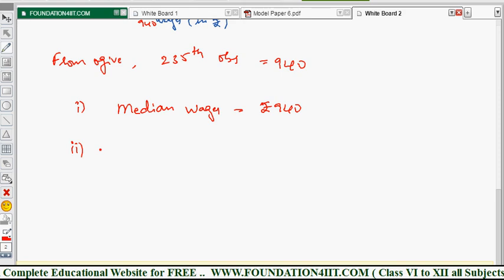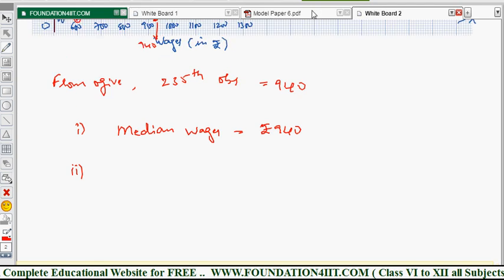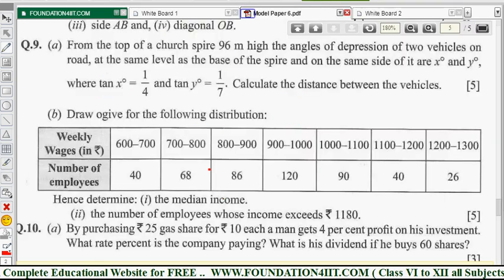And second, from the OG, the number of employees whose income exceeds 1180. That is 470 minus, so they are asking about 1180. From 1180 you should take a straight line. If you see the question, it says exceeds 1180.